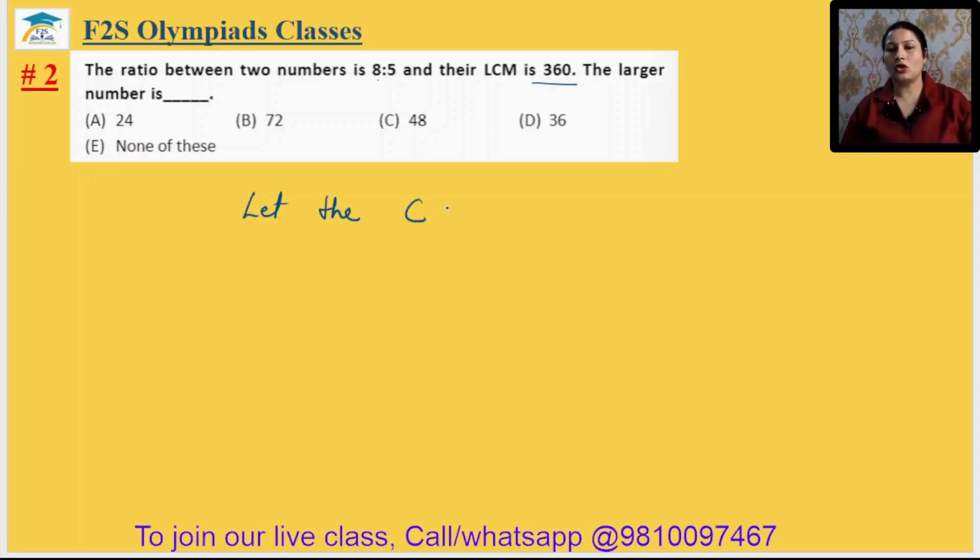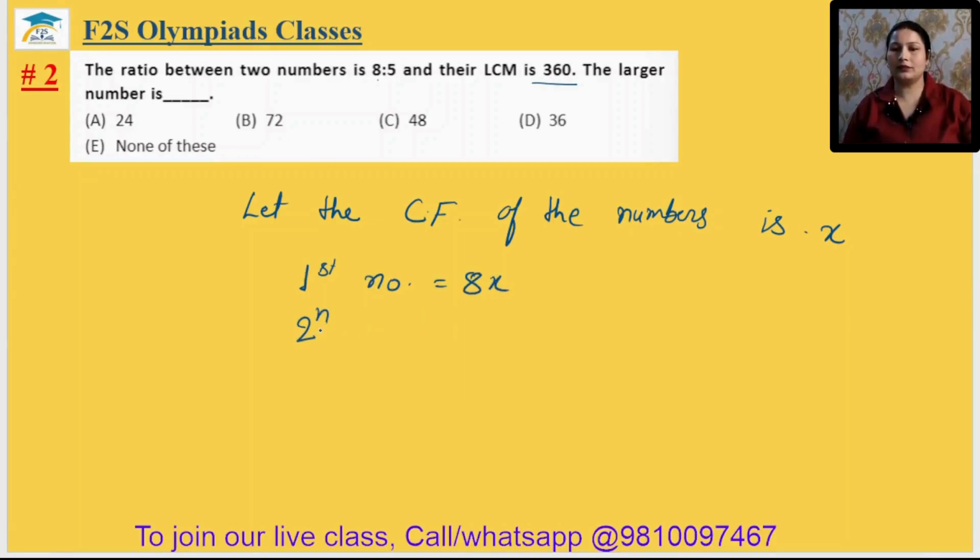Let the common factor of the numbers be x. So the first number will be 8x, and the second number is 5x.